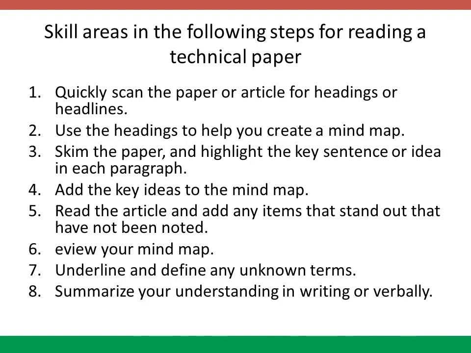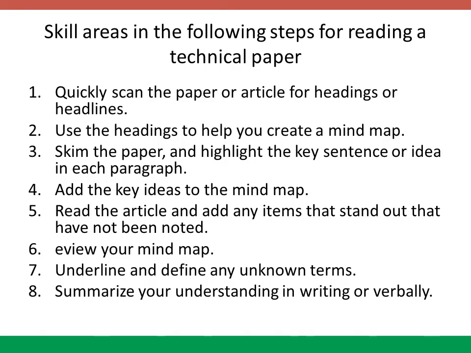And I would like to summarize the skill areas for reading a technical paper in the following steps. First one is quickly scan the paper or article for headings or headlines. Use the headings to help you create a mind map.